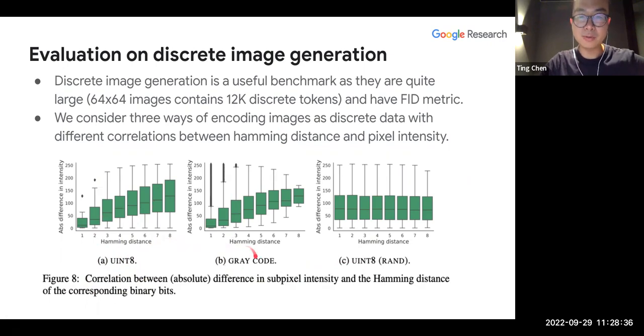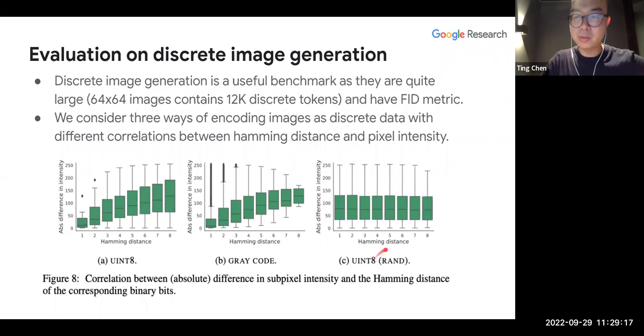Or you can do a Gray code encoding, which means two numbers like 5 and 6 differ by only 1 bit. Any two adjacent integers differ by only 1 bit in the representation. And the final one is that you take the uint8 representation and then shuffle it. Originally, 1 might map to 0001, but now you map 1 to any random bit pattern. The mapping is unique for each of the integers, but they are random.